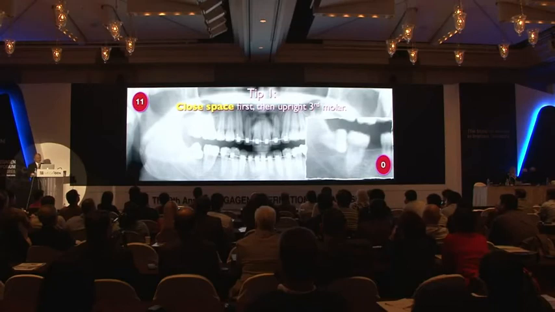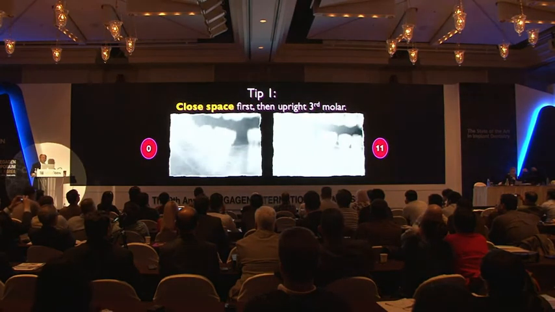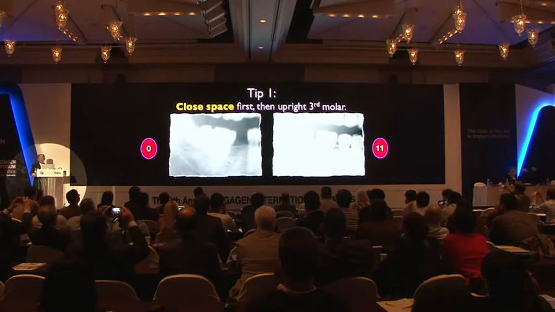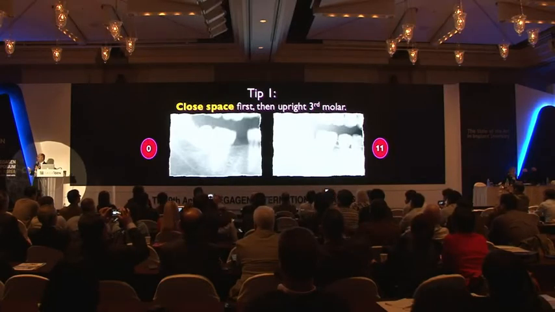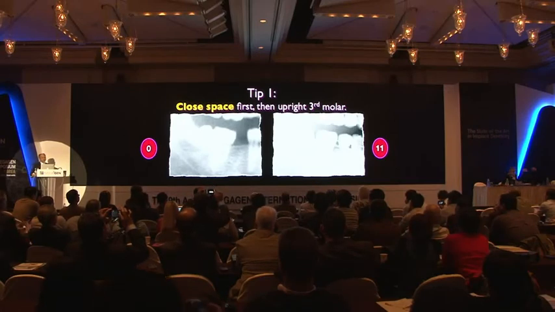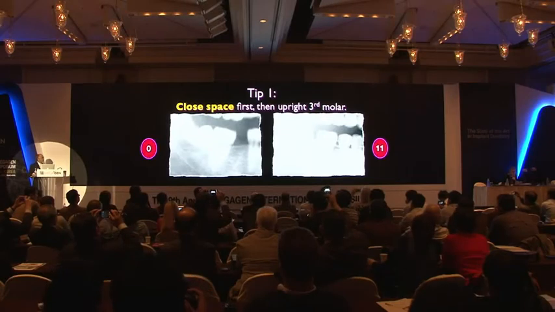So within 11 months in treatment, you'll be able to close the space. And if you pay attention, the third molar uprights by itself. So it's time ready to put your bracket, which is perpendicular to the long axis of the third molar.